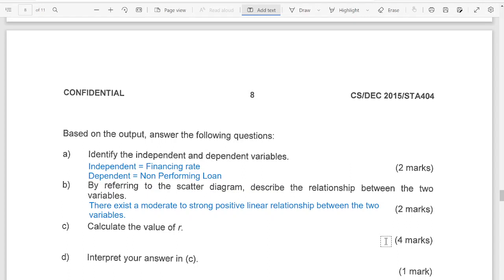So to calculate the R value manually, what you need to do is just simply use the formula.